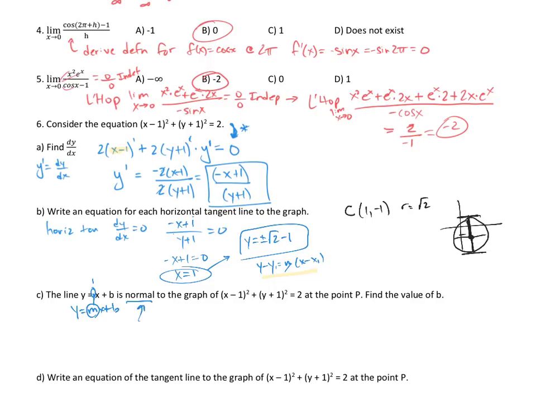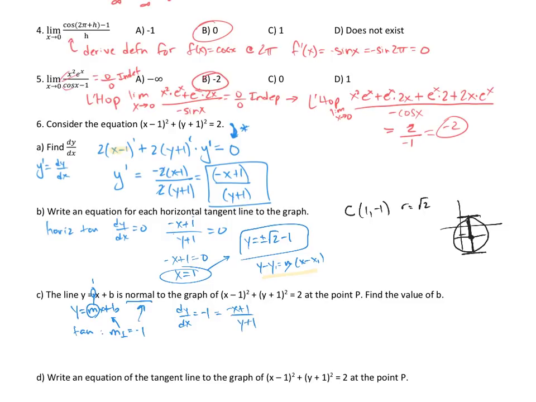So to get a tangent line, we want the perpendicular of the normal. So the tangent line would have a slope perpendicular to this normal, which would be -1. So that means dy dx is -1, and that gives us this negative x plus 1 over y plus 1 to be that value.